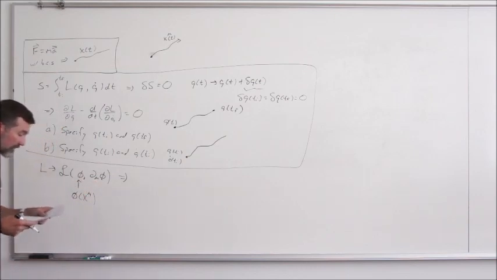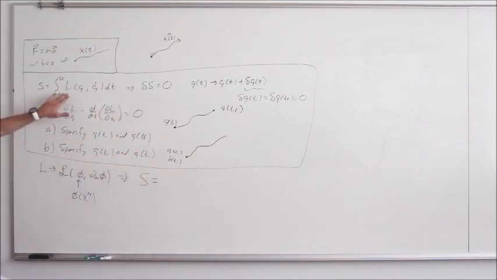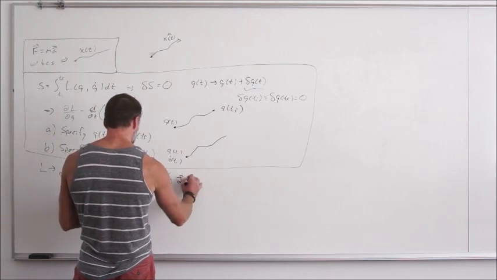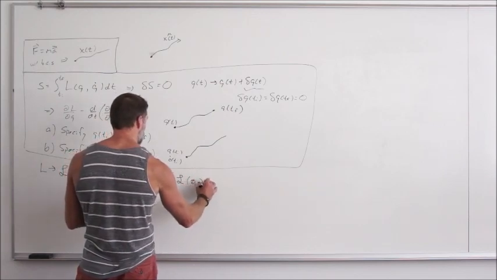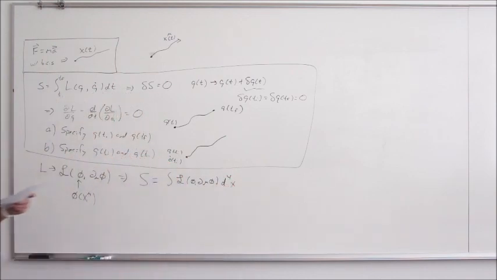Okay? The action, instead of integrating a Lagrangian with respect to time, we have to integrate over all of the coordinates. So this is where you actually get a relativistic invariance, and this becomes the integral of L of phi, d mu phi over, for example, if we're in 4 dimensions, d4x.